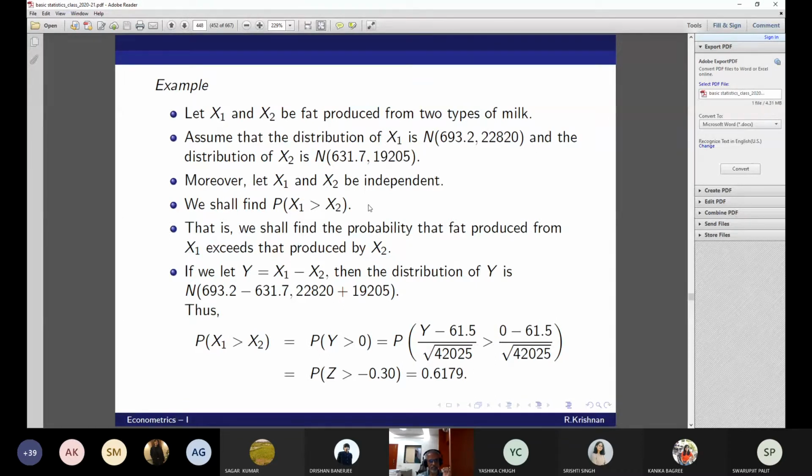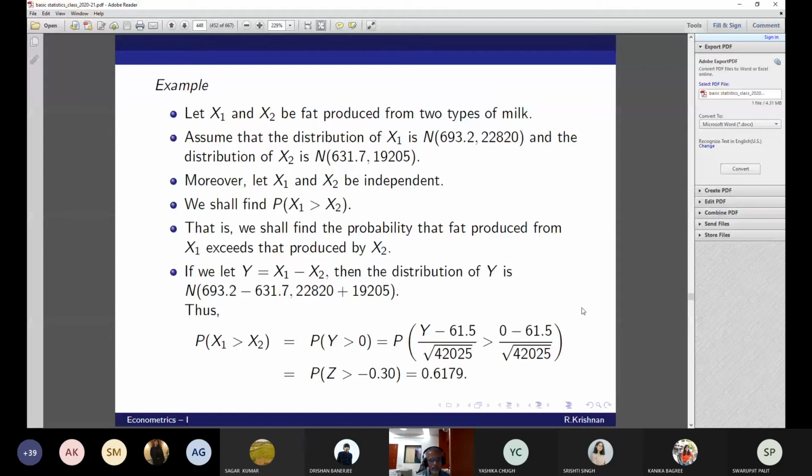Suppose you want to test the probability that X1 is greater than X2. We shall find the probability that the fat produced from X1 exceeds that produced by X2. So we form the linear random variable Y = X1 minus X2. Then the distribution of Y is here. You can easily find it from the previous result. So P(X1 > X2) is equal to P(Y > 0), which is this.